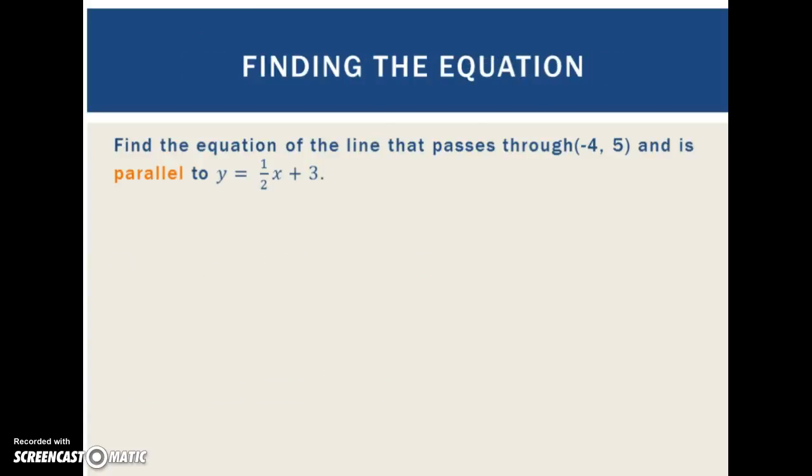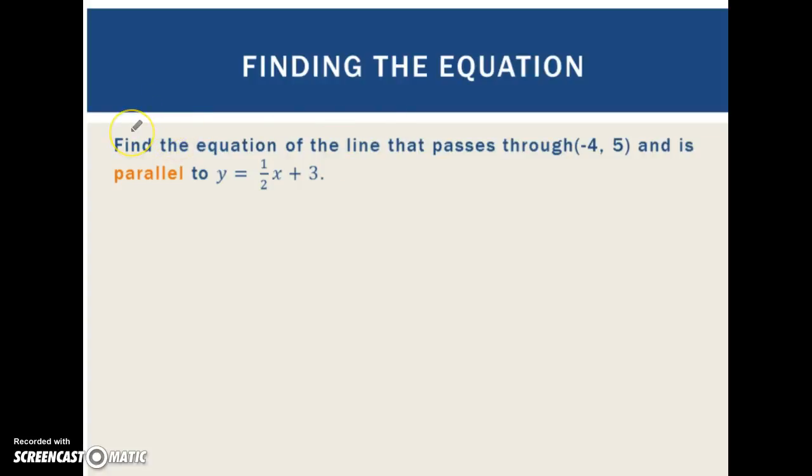You can also determine if equations are parallel, or what the equation is, if you're given the equation of one of the lines and a point that passes through the other line. So for this example, find the equation of the line that passes through -4, 5 and is parallel to y equals 1/2 x plus 3.